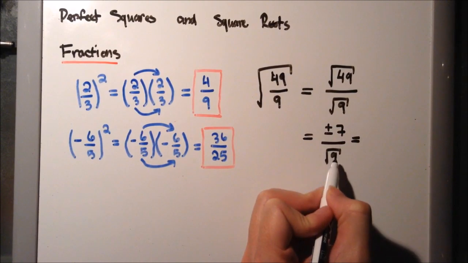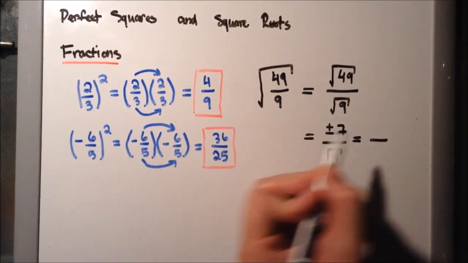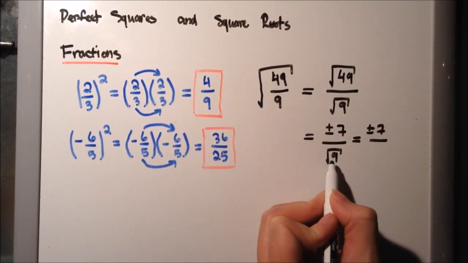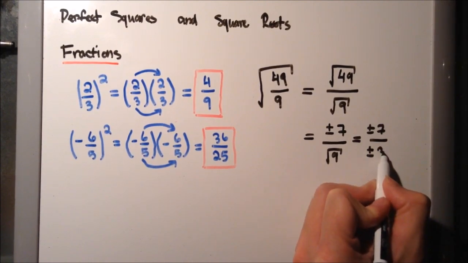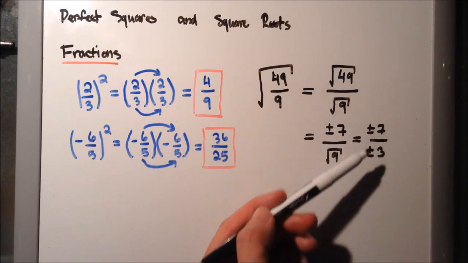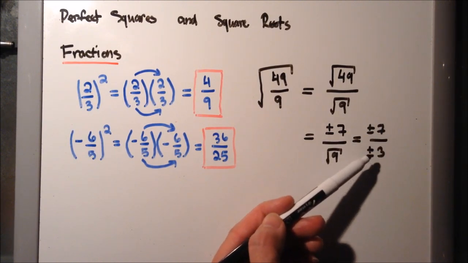Now, let's focus on the square root of 9. The top will stay the same because we simplified it. The square root of 9 is also positive and negative 3. So we finished finding the square root, and we have both positive and negative on the top and bottom. So positive negative 7 over positive negative 3.